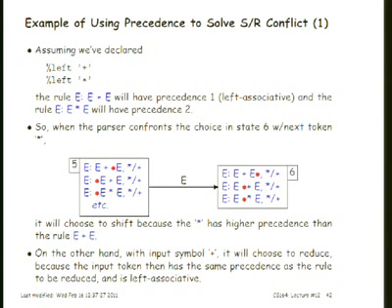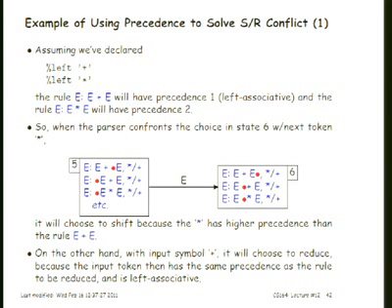The second line and third line tell you that you could be looking at a plus or a times at this point in a valid string. But the first item at the top says we're at the end of a right-hand side that could be a handle, the thing that we ought to be reducing to E. And if the next symbol is a star or a plus, then that is a valid thing that you could do.